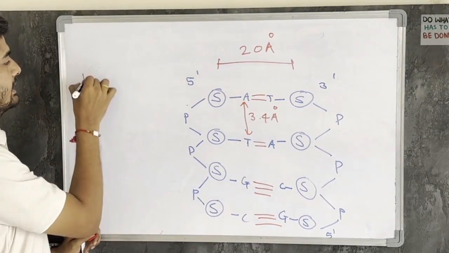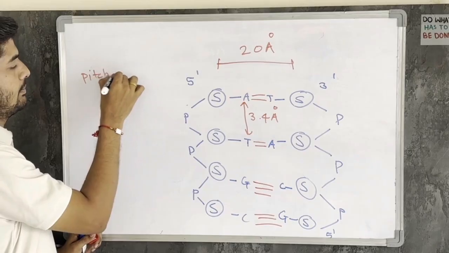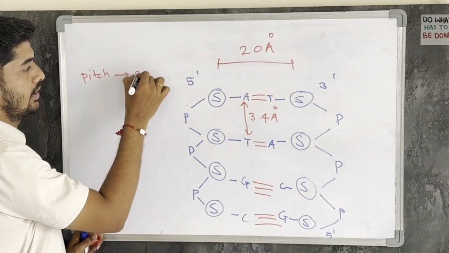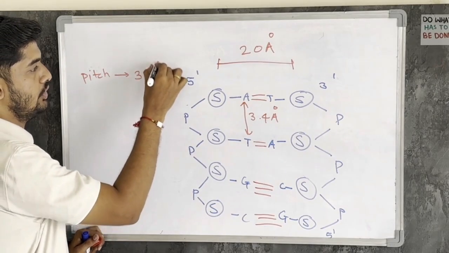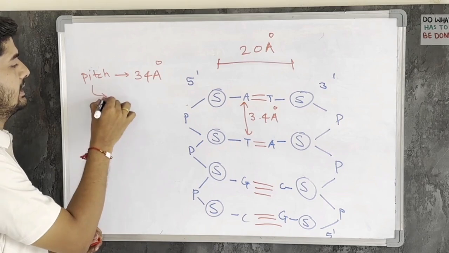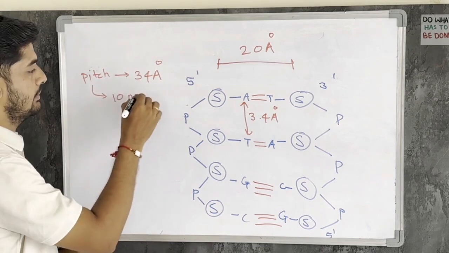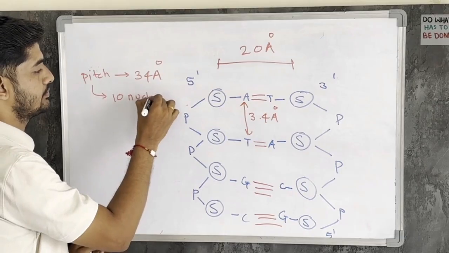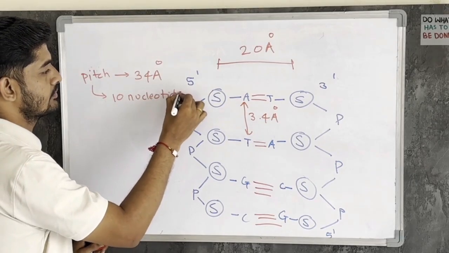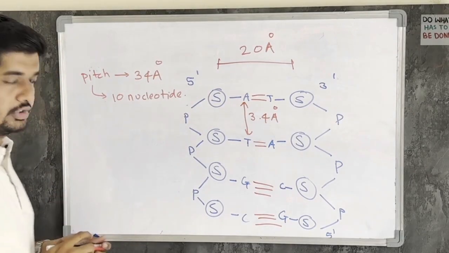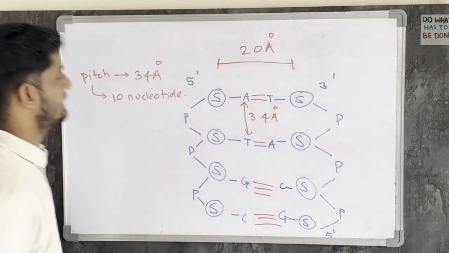The pitch of DNA is 34 angstrom units. What is the pitch? Pitch consists of 10 nucleotides. Roughly 10 nucleotides are present in one pitch. So these are the features of the double helix model.